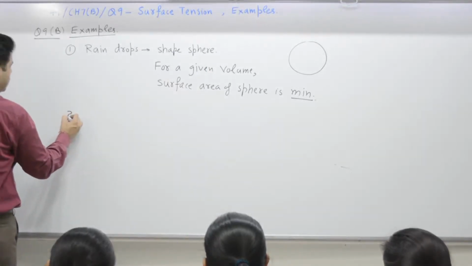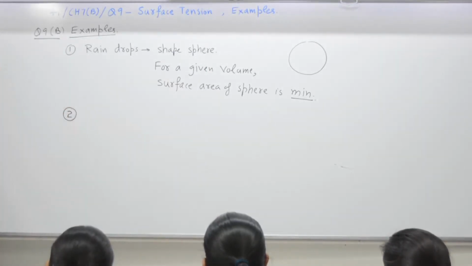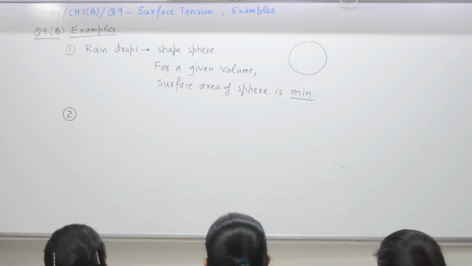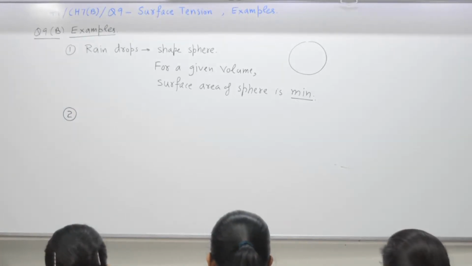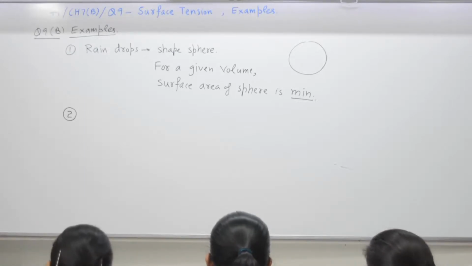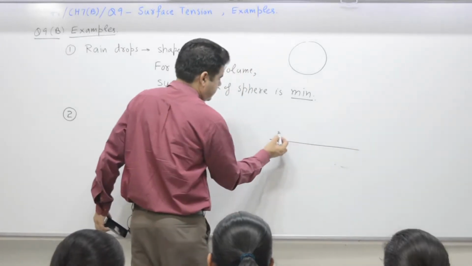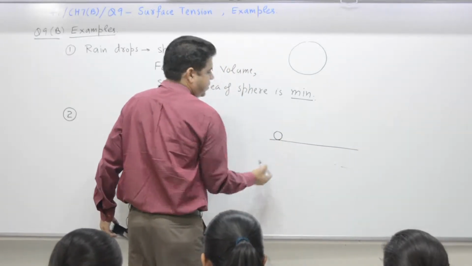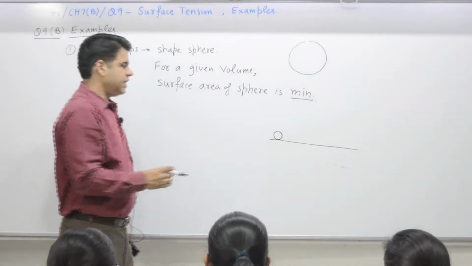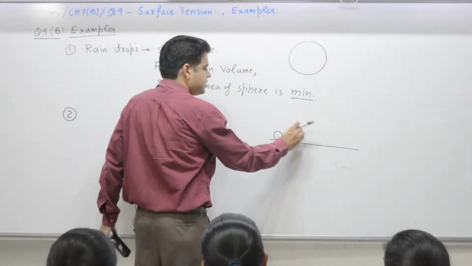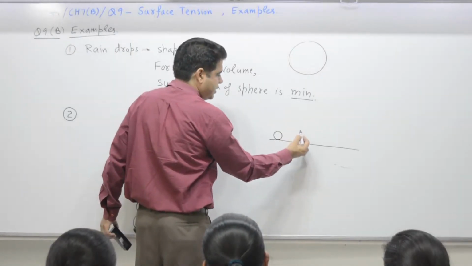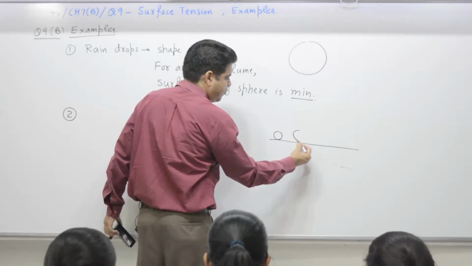2. When mercury is spilt on a clean glass plate, it forms globules. That means again a sphere. If it is a small size sphere, but if you take a relatively bigger sphere, that is, radius is more, it will deviate slightly from spherical shape.